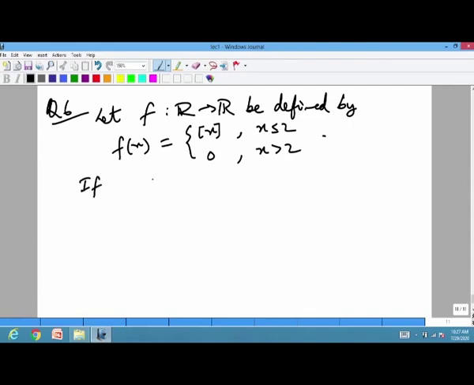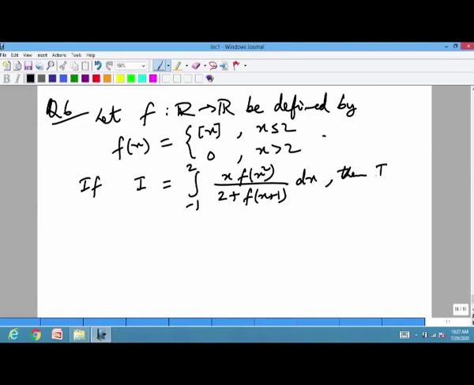Now, if I is equal to the integral from minus 1 to 2 of x times f of x square divided by 2 plus f of x plus 1 dx, then we have to find the value of I.